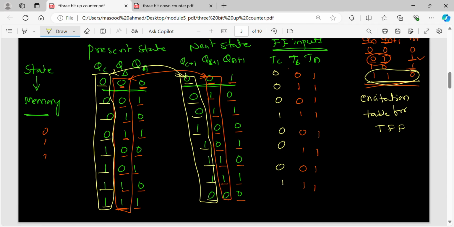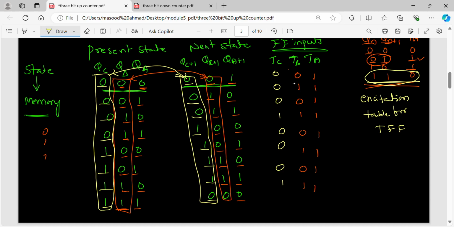Now we got the points. Now we can write the expression for TA. TA is nothing but sigma m 0 1 2 3 4 5 6 7, totally 8. What is TB? If you want serial numbers, you can write here 0 1 2 3 4 5 6 7.